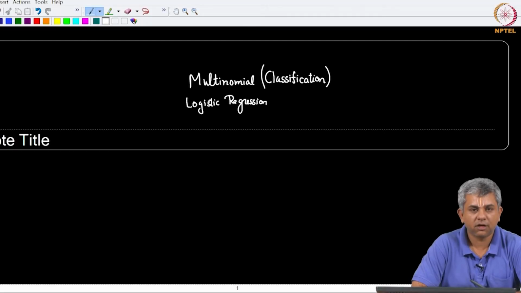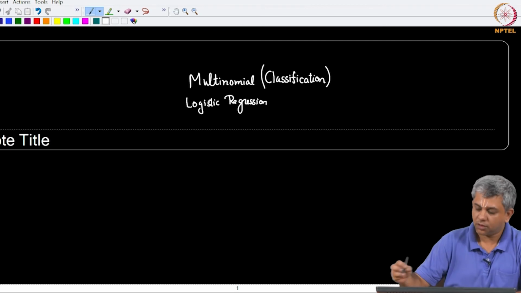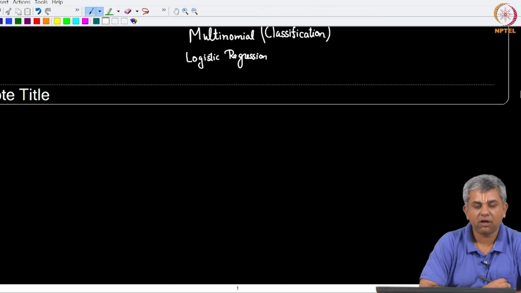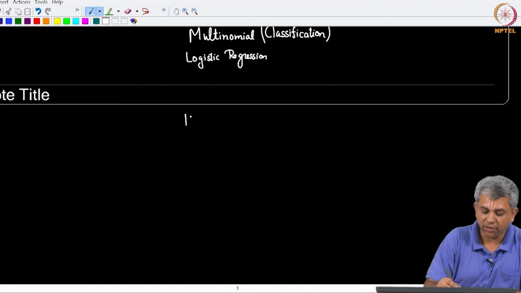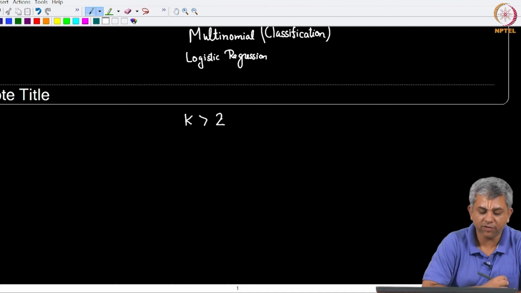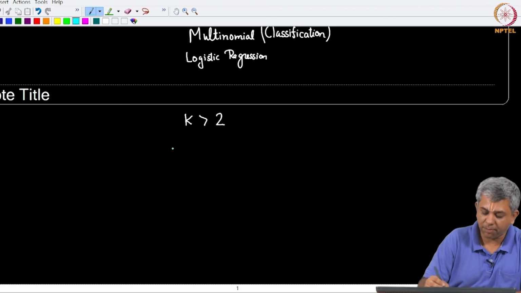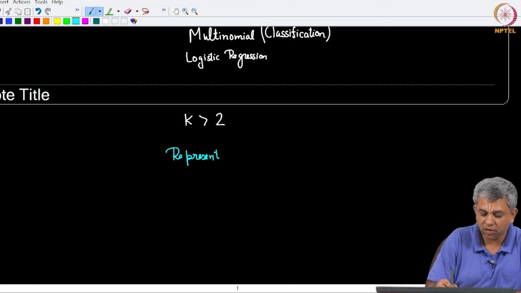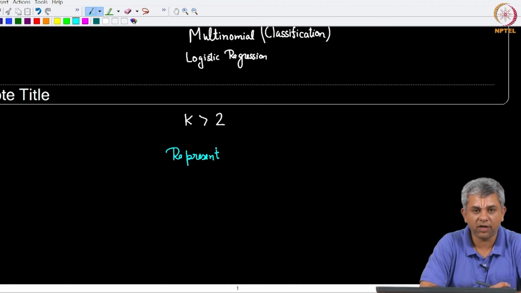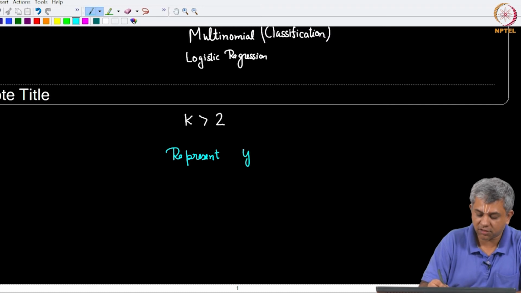Welcome back. We will now look at some further details of the multinomial logistic regression or the multinomial classification algorithm. Remember that multinomial logistic regression deals with when you have k greater than 2 classes. So, in the last video we saw that we had talked about 4 different things that we need to do in order to establish our deep learning model. The first thing is representation of y hat.